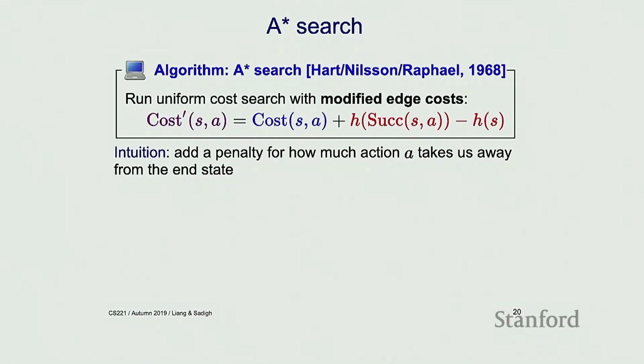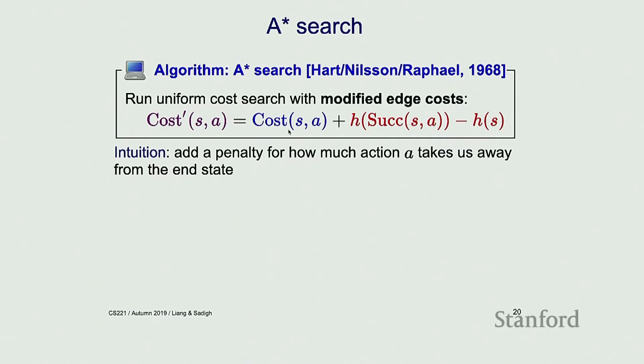All right, so what does A star do? It actually does something really simple. A star basically just does uniform cost search, with a new cost. Before, I had this blue cost of S and A. This was my cost before.